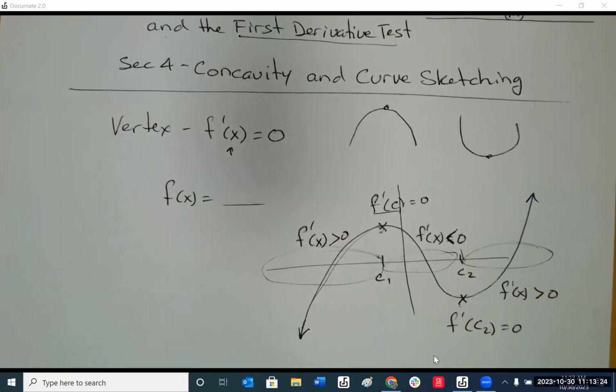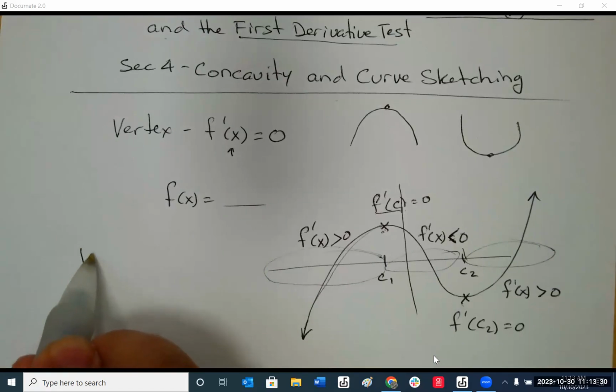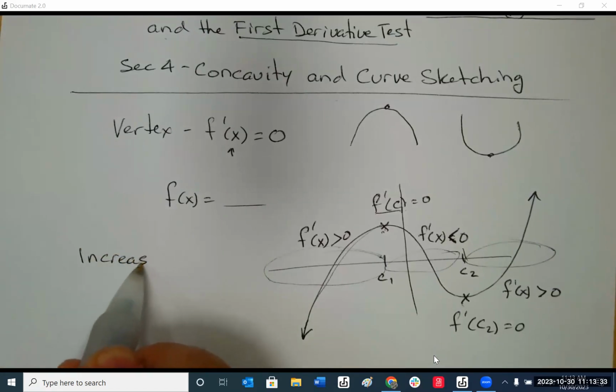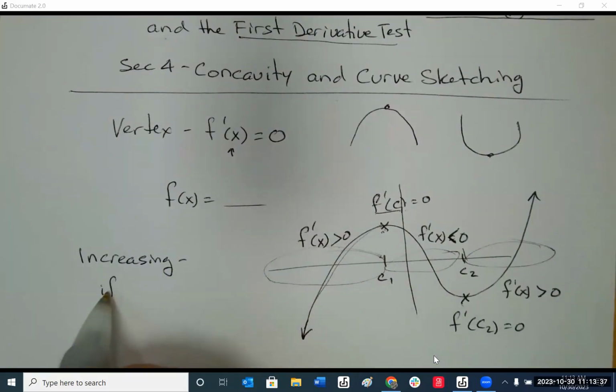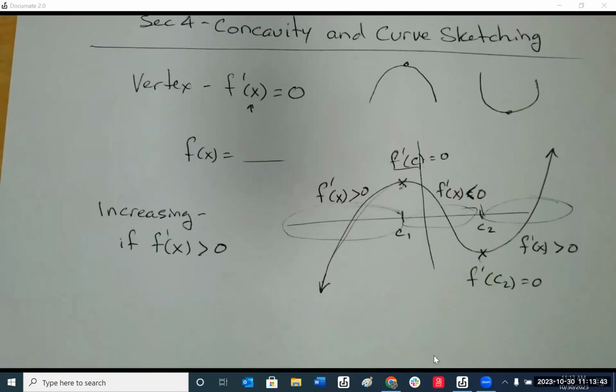So we can determine where a function is increasing or decreasing. It's increasing if the first derivative is greater than 0. It's decreasing if the first derivative value at that x is negative.